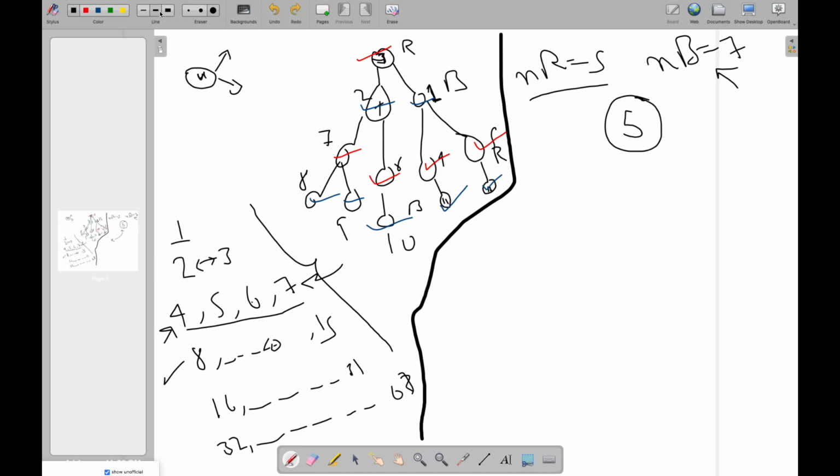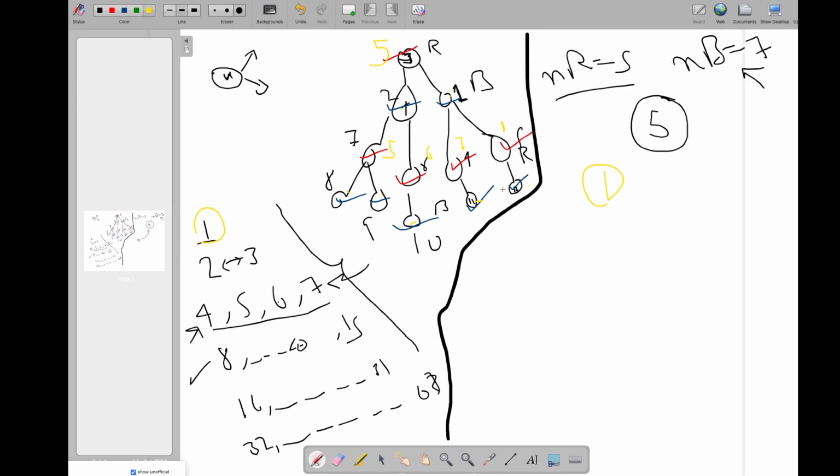Let me use a better color. Yes, yellow. So 4, 5, 6, 7, and then the remaining size is 1, so I put 1 here, and then I can put all the remaining values into the remaining vertices. And yeah, that is the solution.